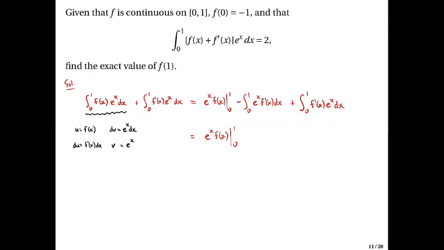And then if we evaluate this at 1, we have e to the 1, which is just e, multiplied to f of 1. At 0, we have e to the 0. E to the 0, it's just 1. And then you have f of 0.